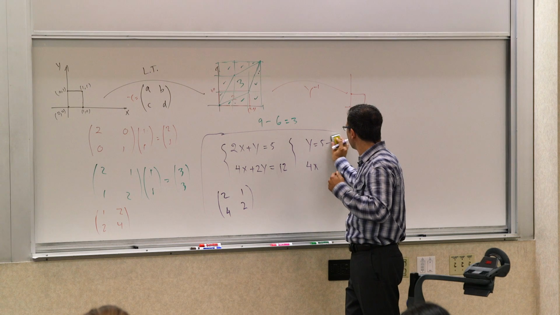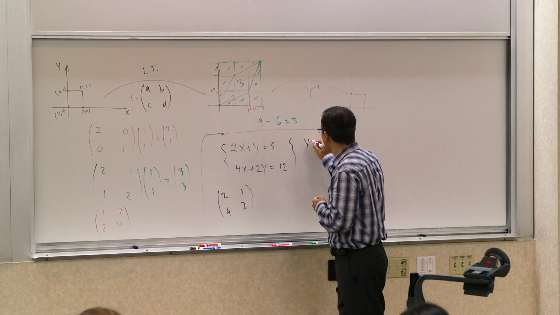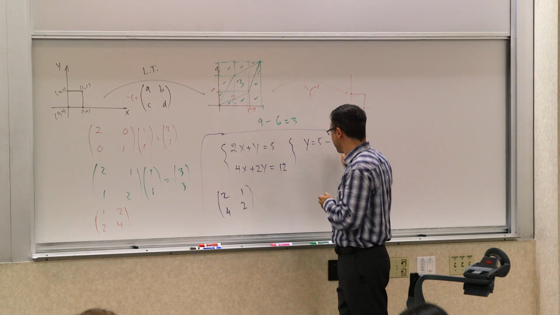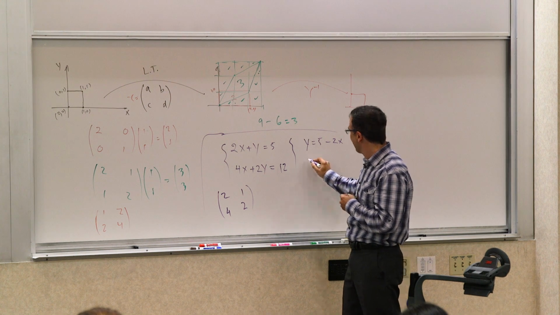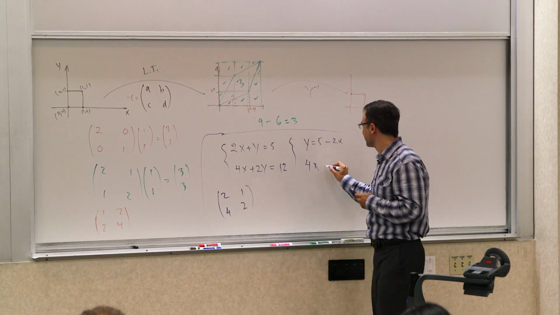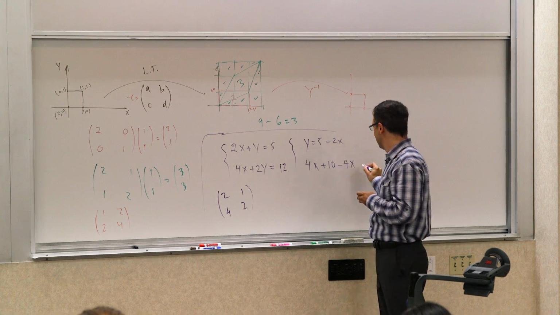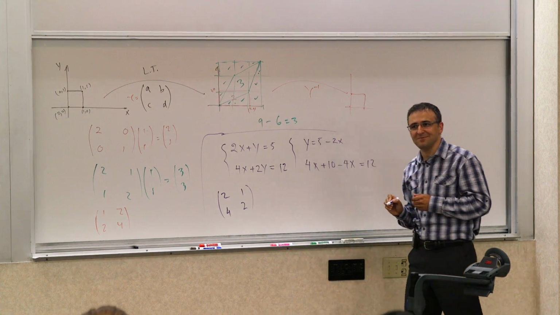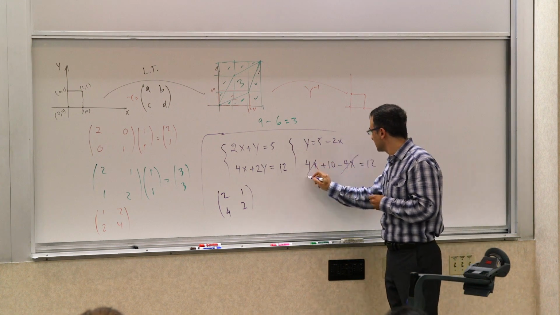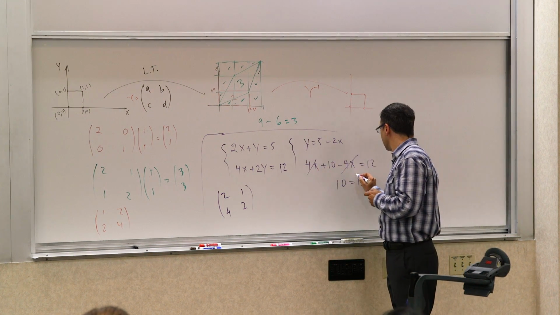Okay, let's do this. y is 5 minus 2x. Okay. 4x plus 10 minus 4x equals 12, right? And 4x cancels and I get 10 equals 12. Nice.